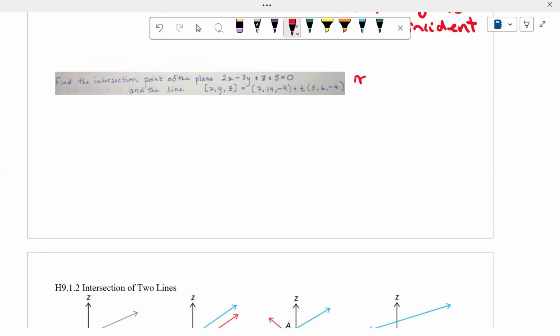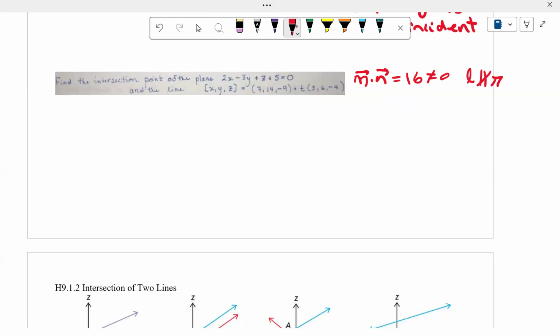But again, I'm going to find the dot product, m times n. If I multiply these two together, 3, 6, minus 4 times 2, minus 3 and z, I get 16, which is not equal to 0. Because it's not equal to 0, the line is not parallel to the plane.